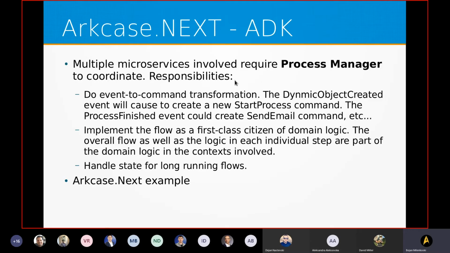When we publish an event to notify about changes in one microservice, and these events are caught by another microservice, we keep the microservices decoupled from each other. But we have an issue when there is a real logical flow of events.